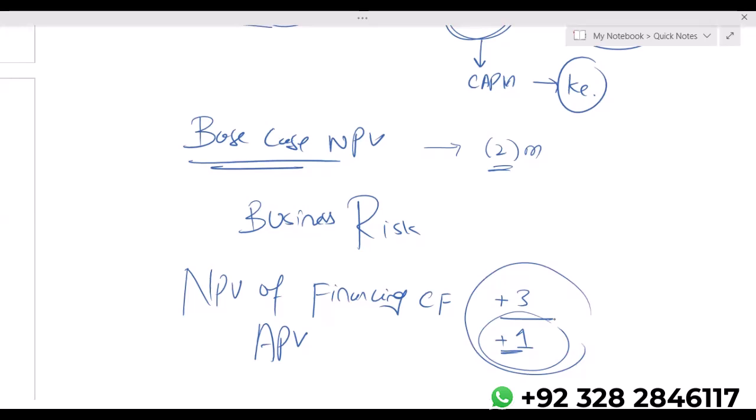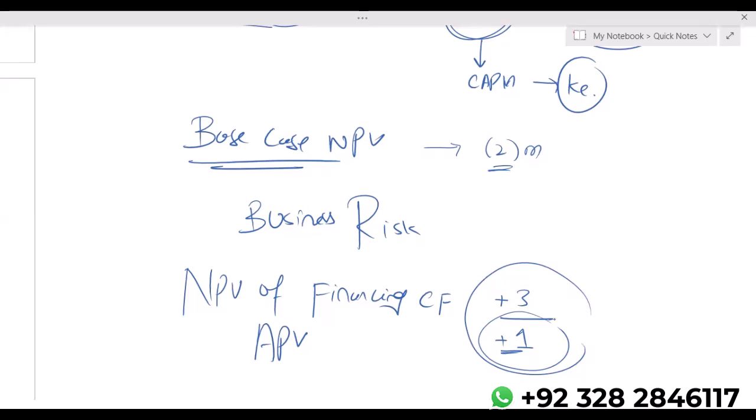For example, in this NPV of financing cash flows, the major factor is a subsidized loan, assuming. Obviously, when you have a subsidized loan, you will be paying lower interest on the loan.